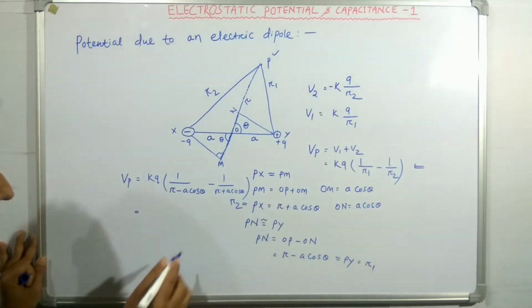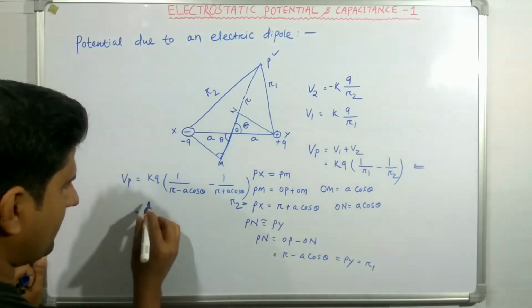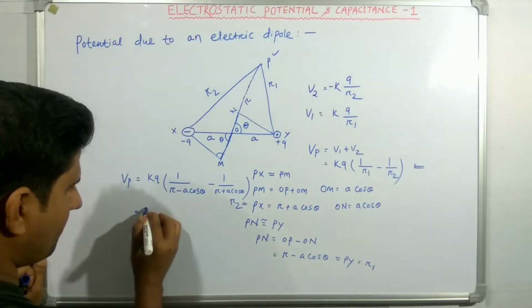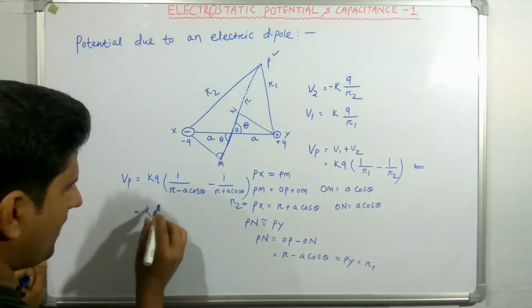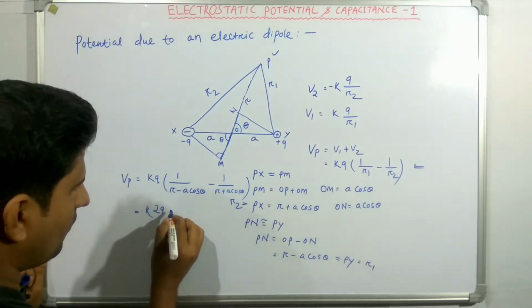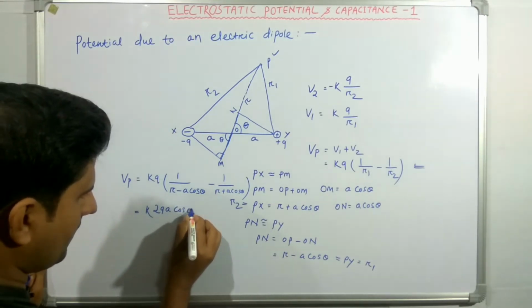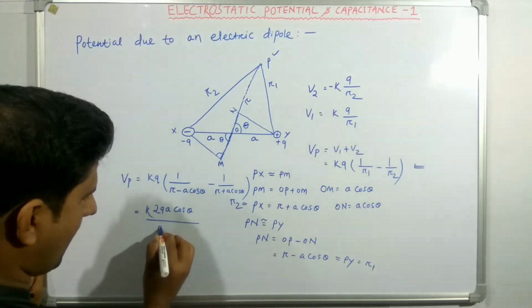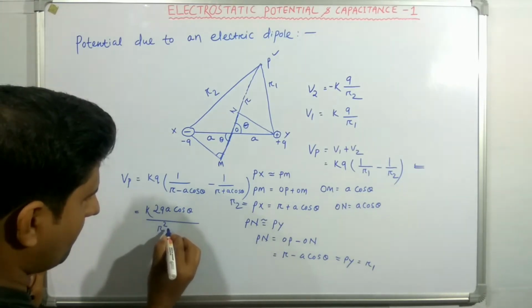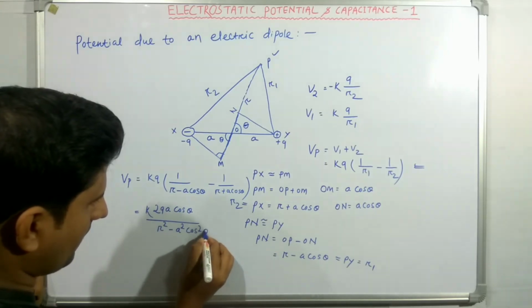After calculation we find that K 2Q A cos theta by R square minus A square cos square theta.